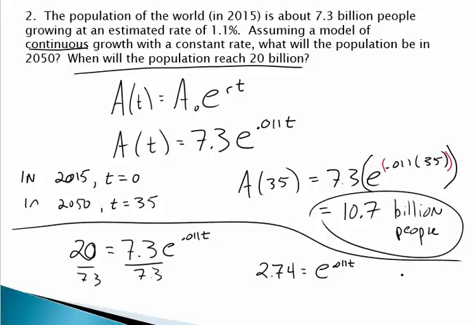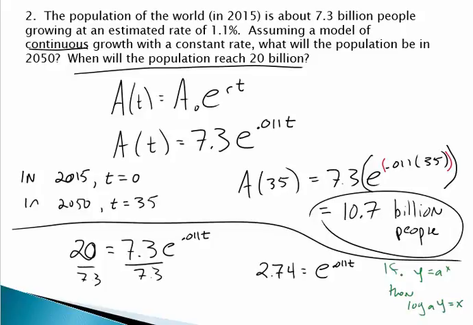And at this point, we're going to apply our log definition, right? I need logarithms to solve this equation. So I know that if y equals a to the x, then the log base a of y equals x.